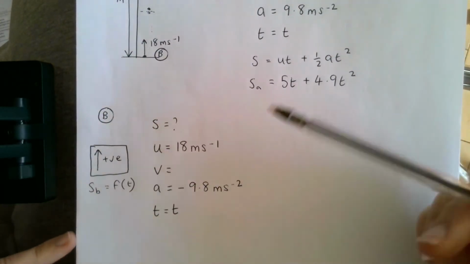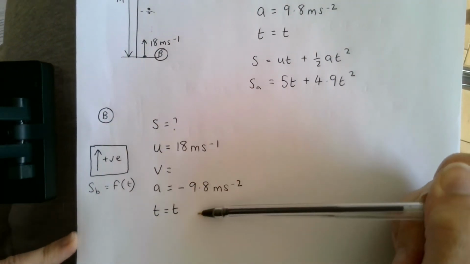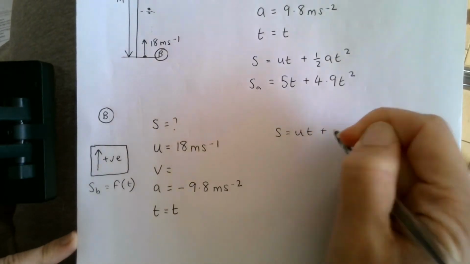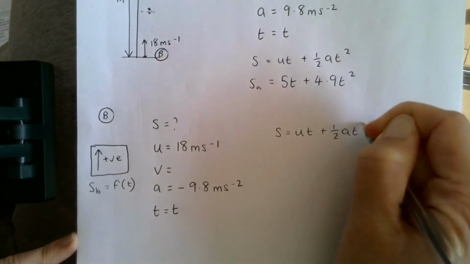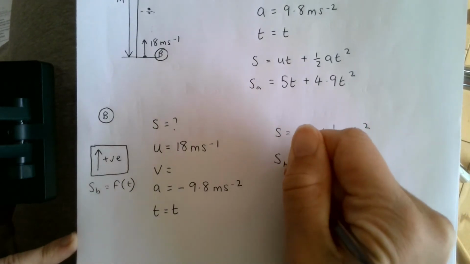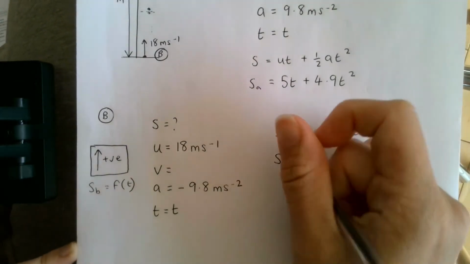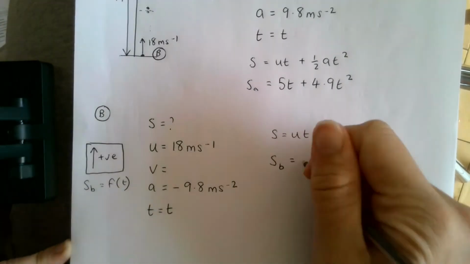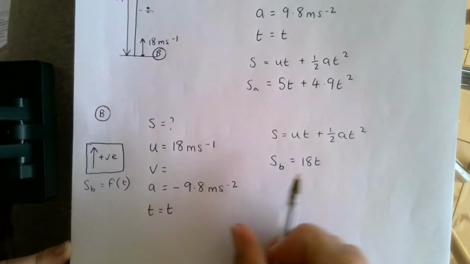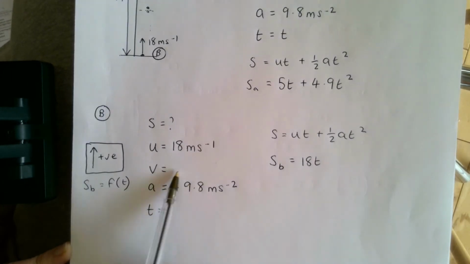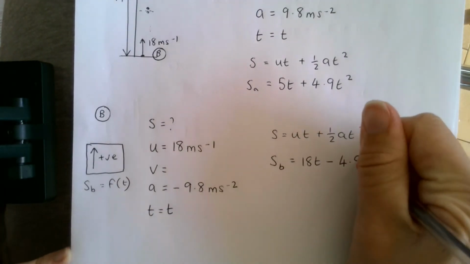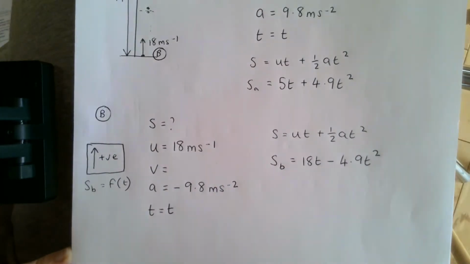So, same as before, I've got u, a and t, and I'm trying to find s, so I'm going to use s equals ut plus a half at squared. And this is displacement of B, so I've got a little b there, a subscript, to remind me. So ut, 18t, plus a half at squared. Well, a is negative 9.8, so a half of that is negative 4.9t squared.